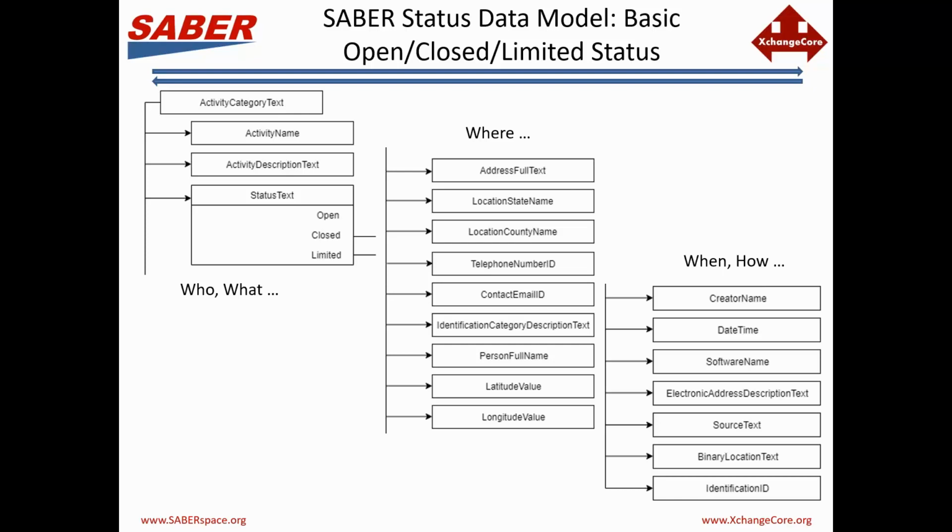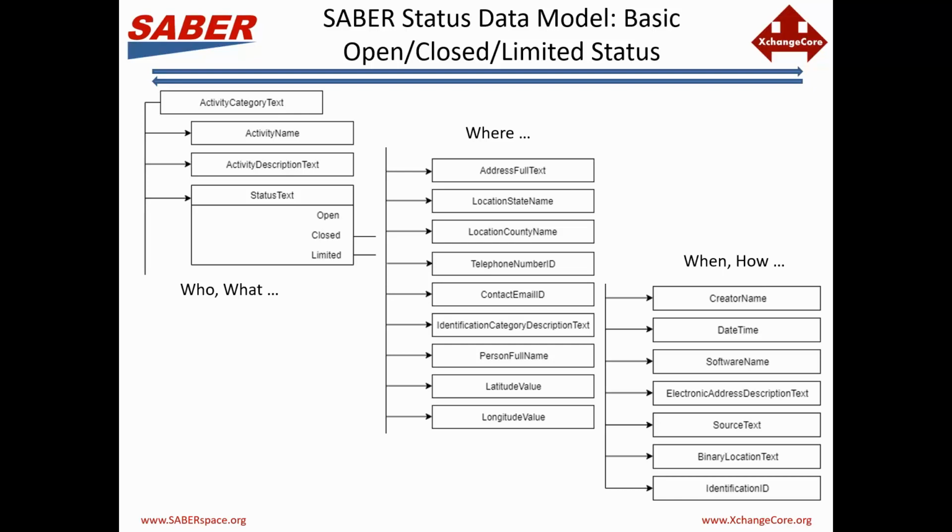Some of this on the right-hand side is more technical because it's going to be the software name that's providing and the source name and things like that, kind of icon that should be used. But in effect, that left-hand column has been happening since the beginning of SABER. Open, closed, limited status with some information wrapped around it.